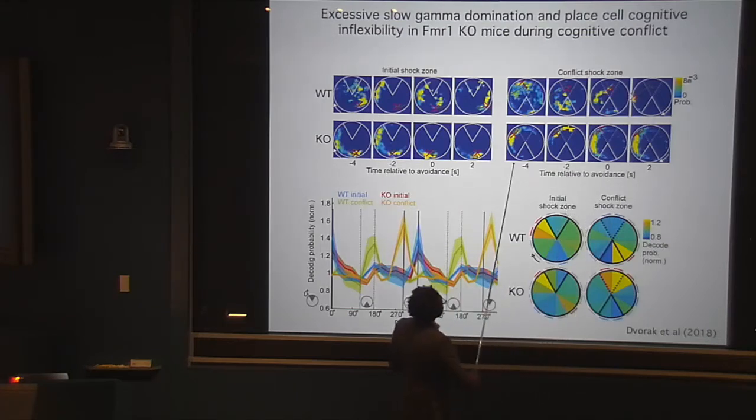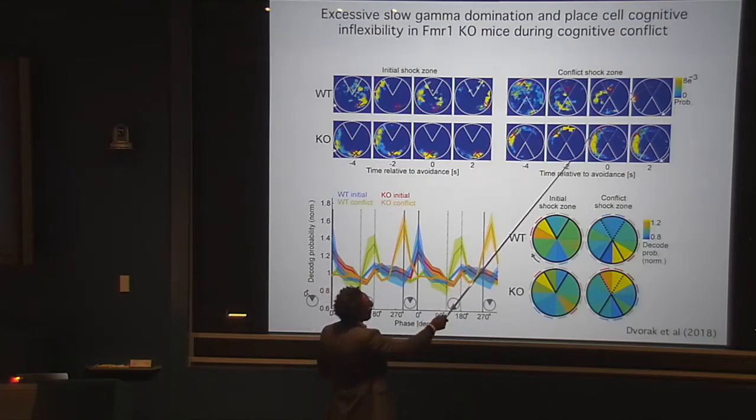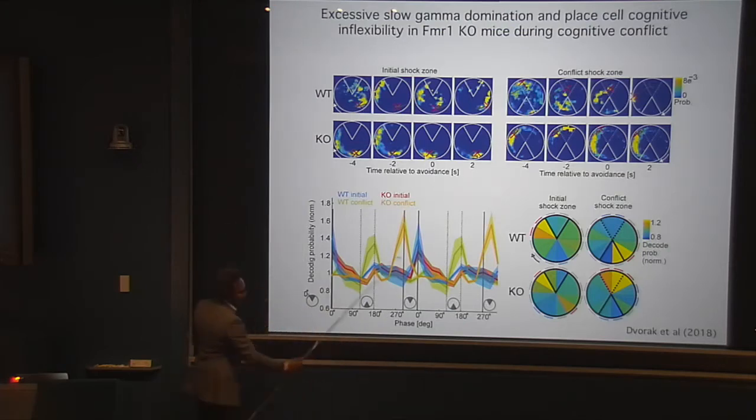The Fragile X model mouse, however, is encoding locally, and just before it decides to run away, it starts encoding distant from where it happens to be, but it's not aiming at the shock zone. It's aiming at the previous shock zone. It's using its memory. In some sense, it's stuck in this slow gamma-dominated recollection mode. And that's what this measure at the bottom is quantifying.